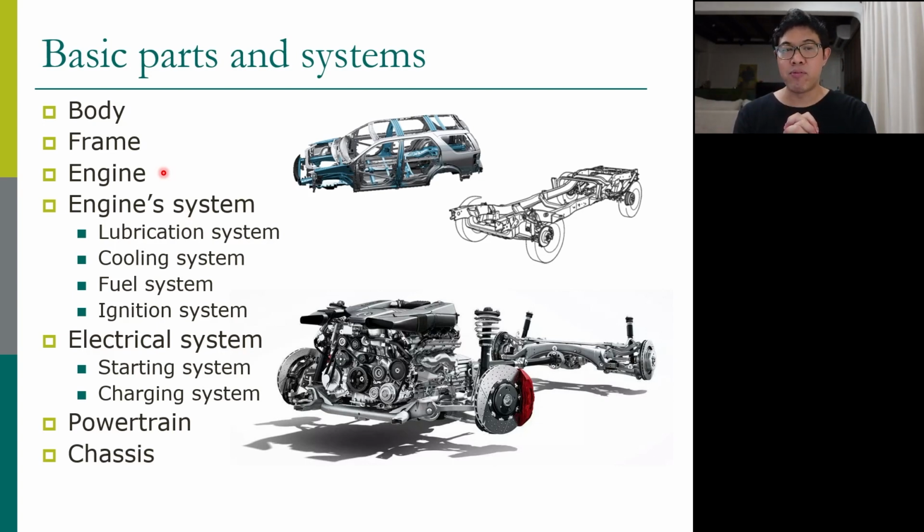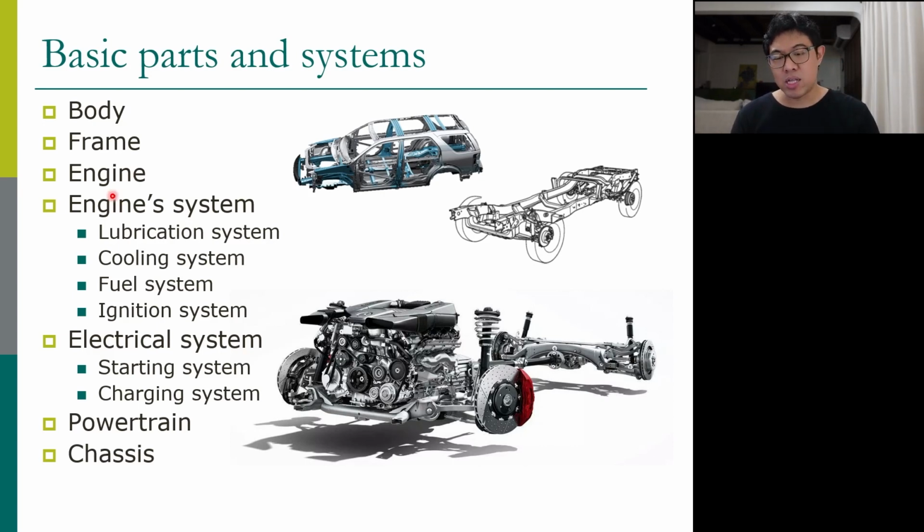When we burn fuel, it creates heat and pressure. So that's energy, right? The engine cannot operate alone because it needs fuel, air, a way to ignite the fuel, and a cooling system.